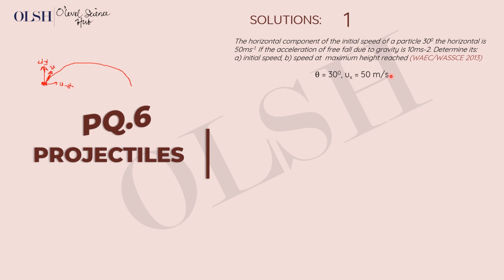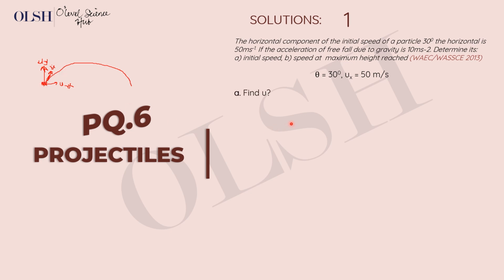So basically, we have been given this horizontal component to be 50 meters per second from the question. We're supposed to find u, the initial speed, which is the speed with which it started moving along this parabolic path, our u, that speed that is tangential to the path.